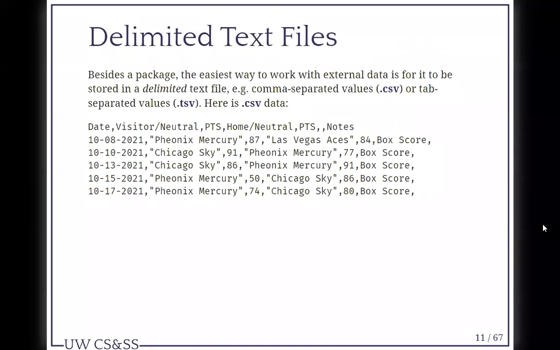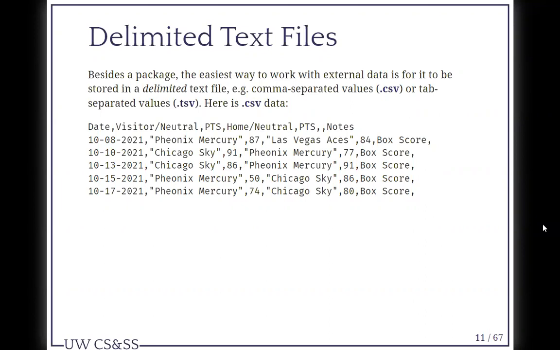Besides a package, the easiest way to work with external data is for it to be stored in a delimited text file. These will be things like comma separated value files, like CSVs, or tab separated values. Here's an example of CSV data. You'll note that the first line is going to describe what our column names are.